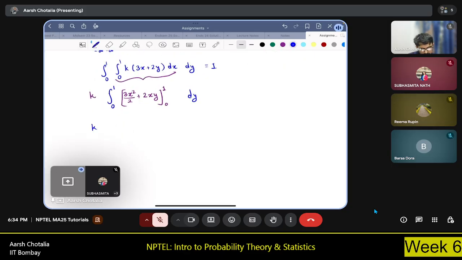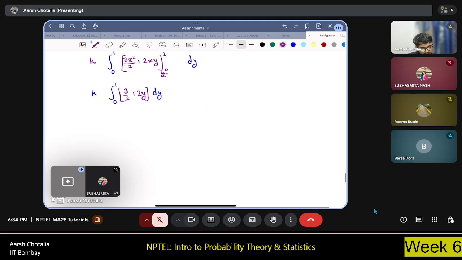So I get k times the integral from 0 to 1 dy, and this value will simply be 3 by 2 plus 2y, since when x is equal to 1, I get 2y.